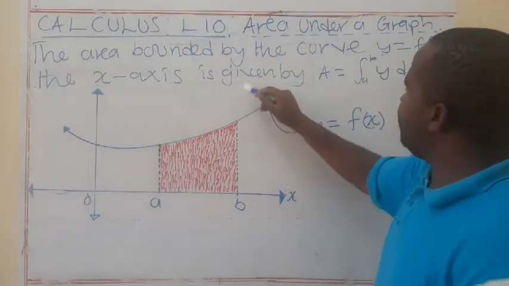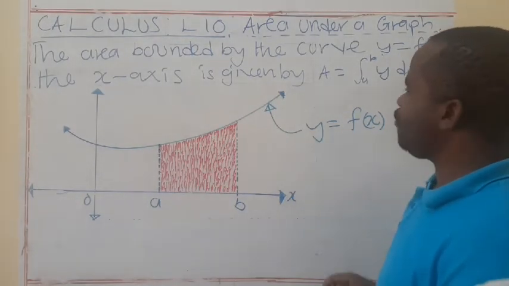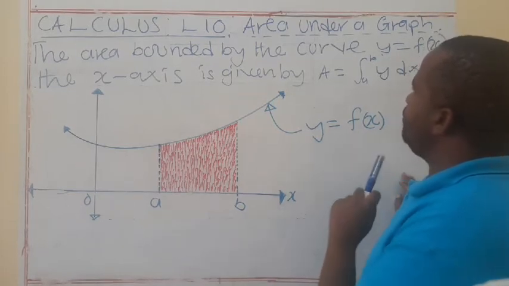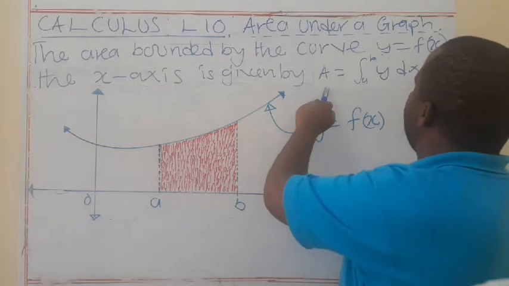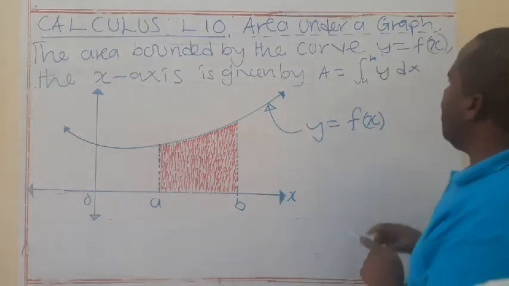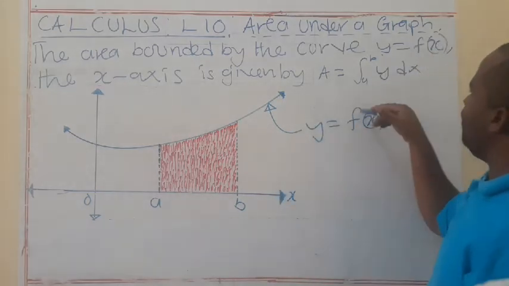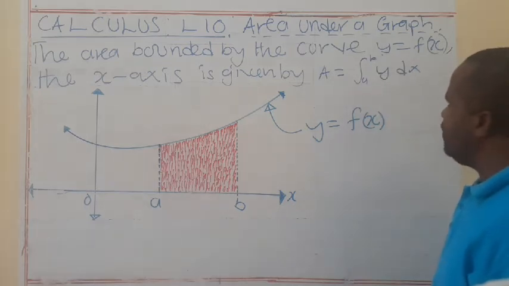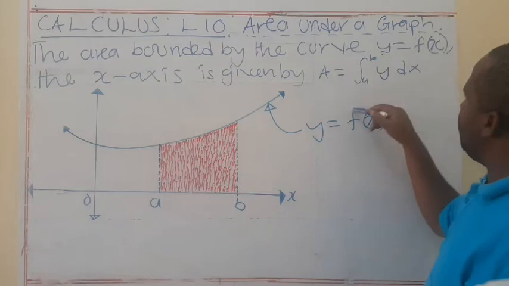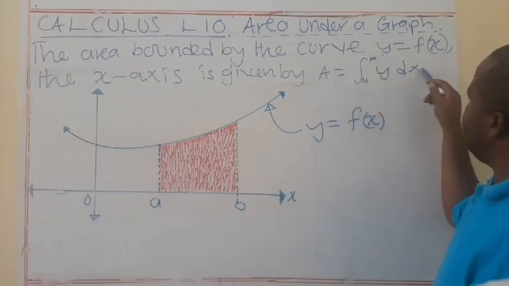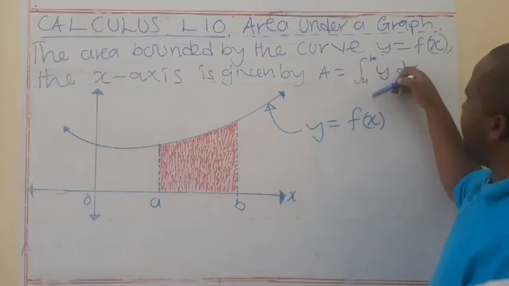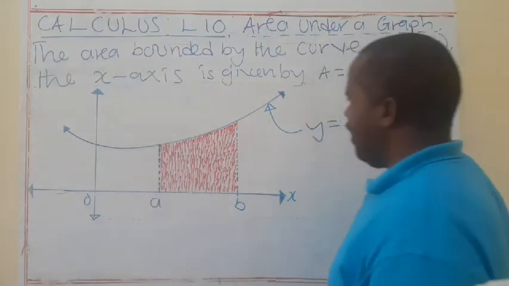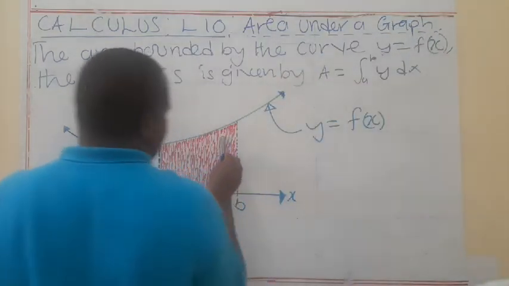Now we are saying the area will be given by A is equal to the integral from A to B of y with respect to x. Area is equal to the integral of y with respect to x, where the limits run from A to B. They are lying on the x-axis. So we want to compute this area.